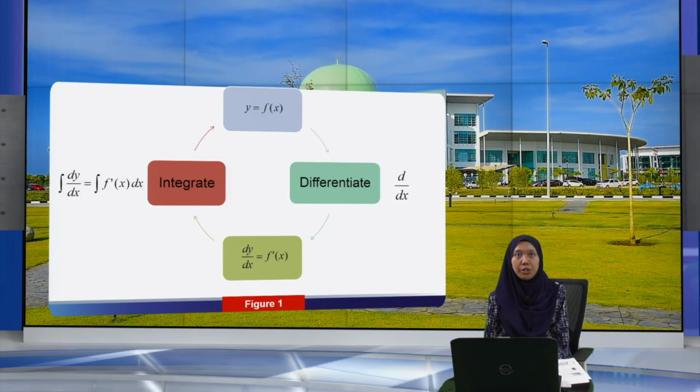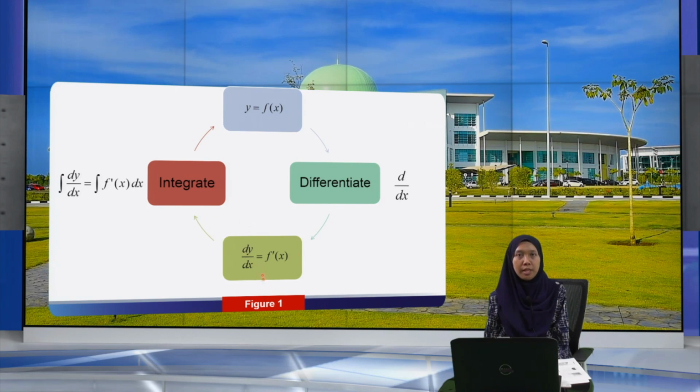The relationship between integration and differentiation is illustrated in figure 1. When we have y equal to a function of x, and we differentiate y equal to f(x), we get dy/dx equal to f prime of x. This is the process of differentiation.